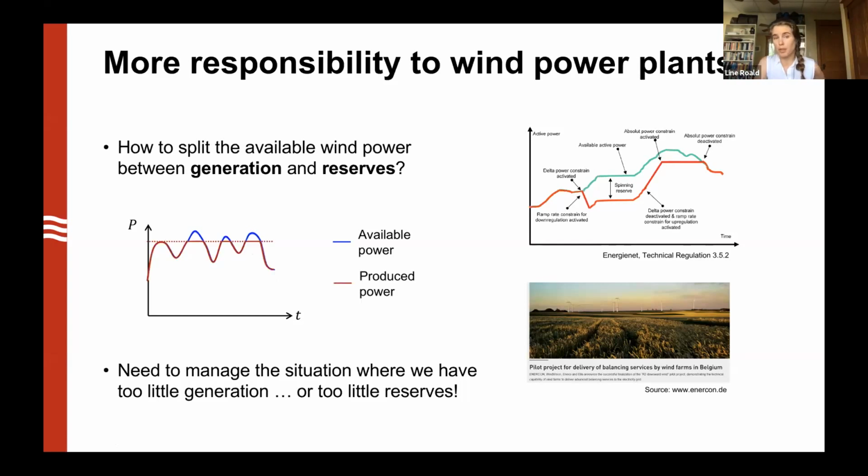For example, if an operator chooses to schedule the wind power plant to provide this amount of generation here, there might be settings where the wind power plant simply doesn't have enough generation to provide what it was scheduled to, and it might dip below that level. And there might be other cases where you actually have more available power than scheduled. Our goal is that we should be able to use the full range of power from the wind power plant in the most effective way.